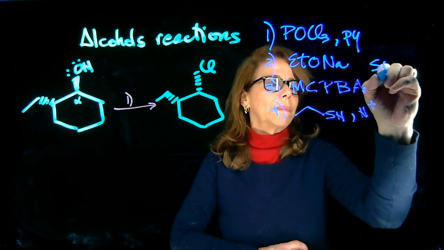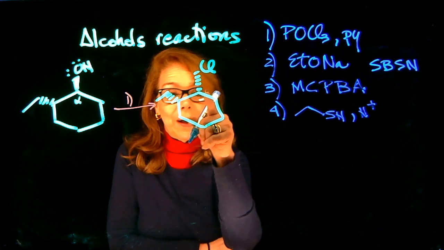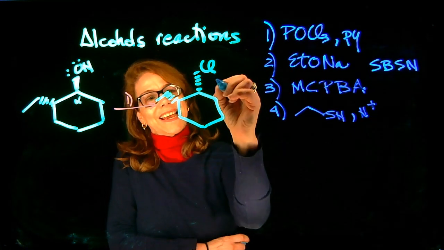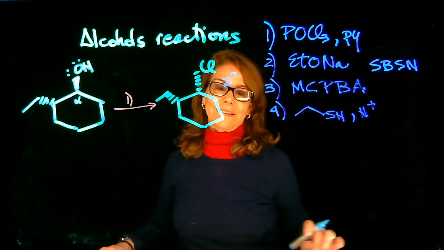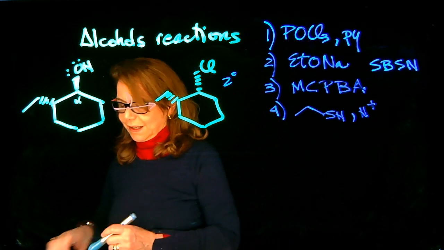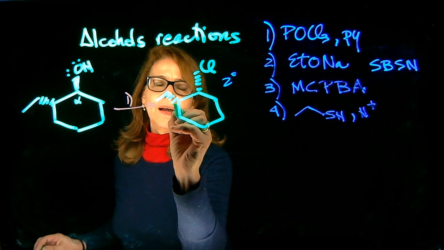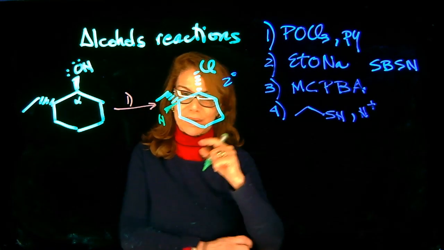It's a strong base, strong nucleophile. My alkyl halide is secondary, right? So the preferred product is going to be the E2 product. And that we have a hydrogen that is anti-periplanar to the leaving group.